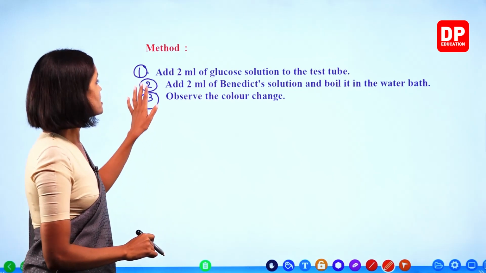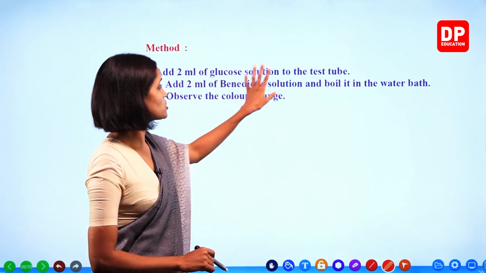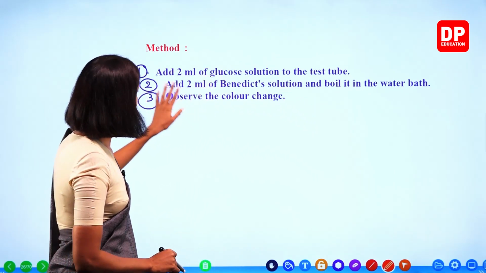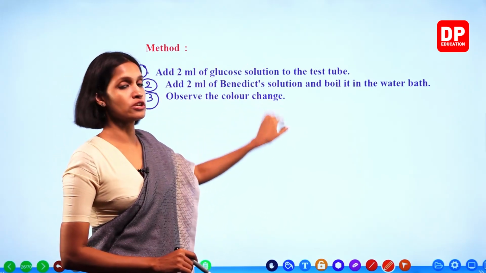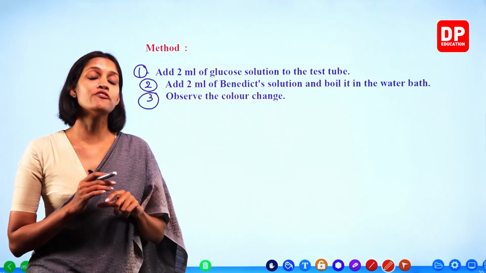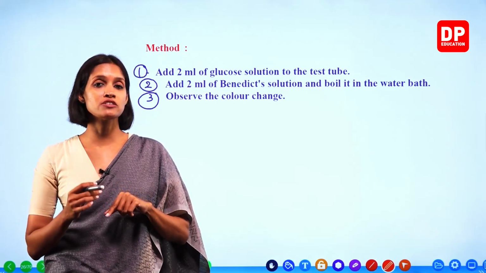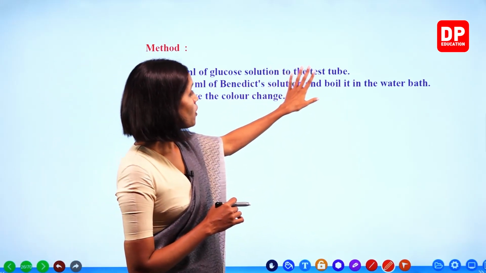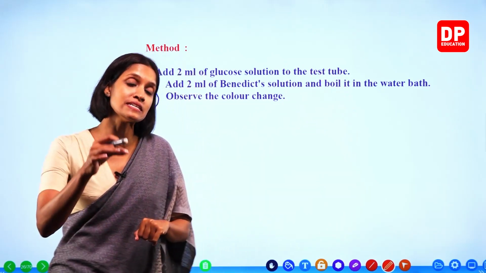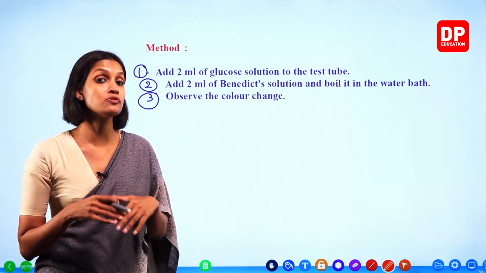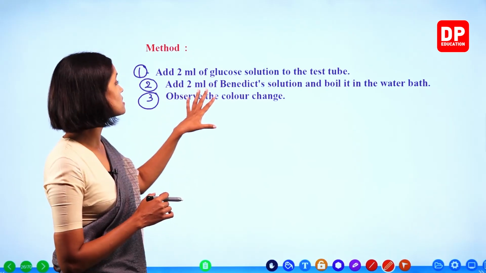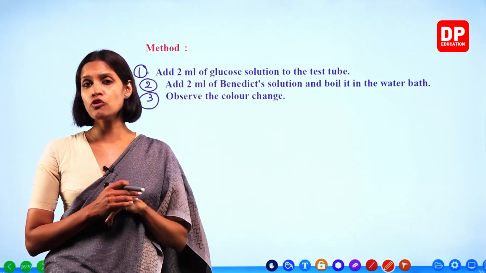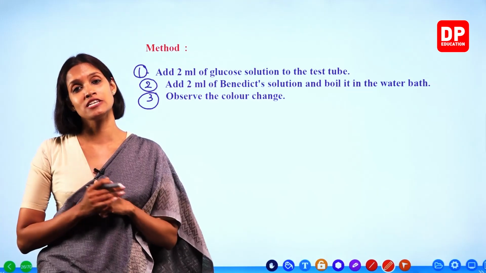Step 1, add 2 milliliters of glucose solution to the test tube and then add 2 milliliters of Benedict solution, which means you have to add similar amounts of Benedict solution and glucose solution that you prepared. And boil it in the water bath. You have to place it inside the water bath and then you have to observe what happens. Observe the color change. You are going to observe a series of color changes here, children.